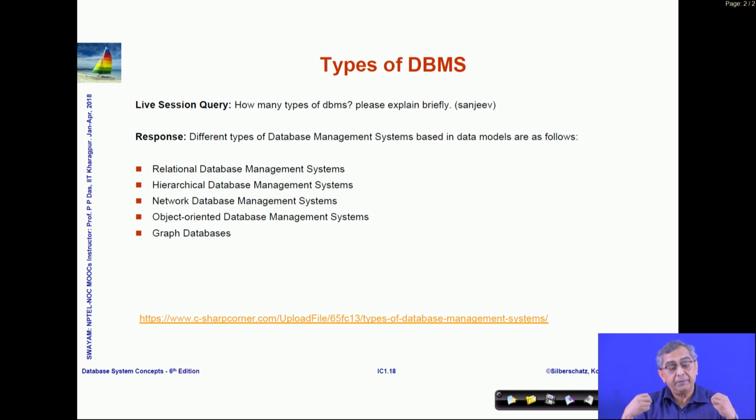Extending the relational, there have been object oriented database systems, and of late there have been a lot of graph databases. Since our course is a first level course on DBMS, we have just focused on the most common and most widely used DBMSs, which are the relational DBMSs.